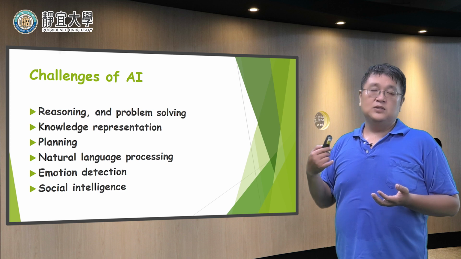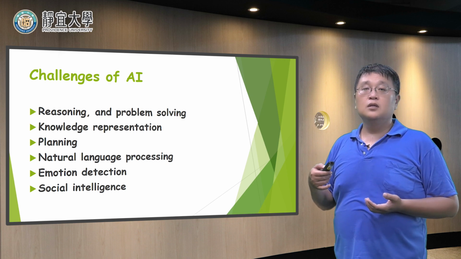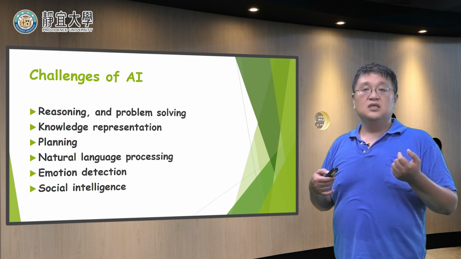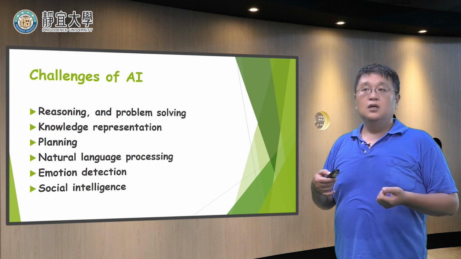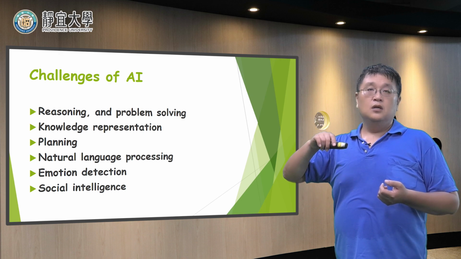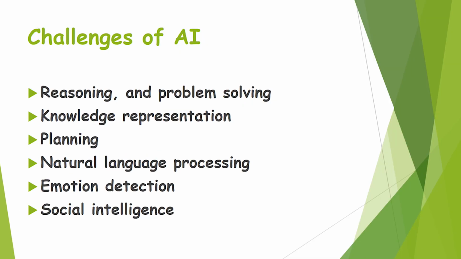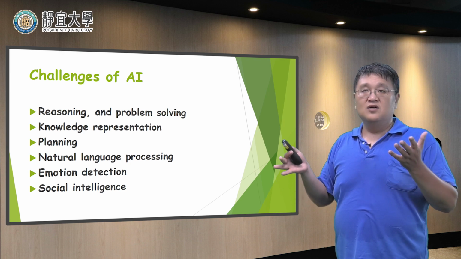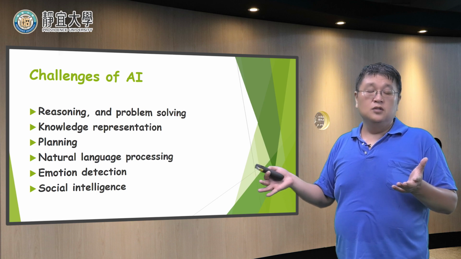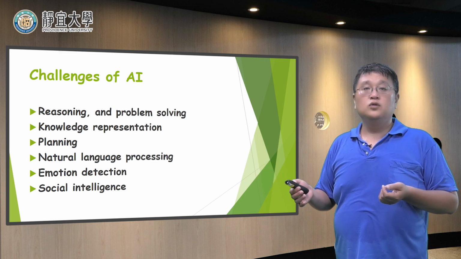So there will also be a lot of challenges for AI, something like reasoning and problem solving. For example, air pollution in Taichung is very harmful. Finding where the source of the pollution is, is a kind of challenge.